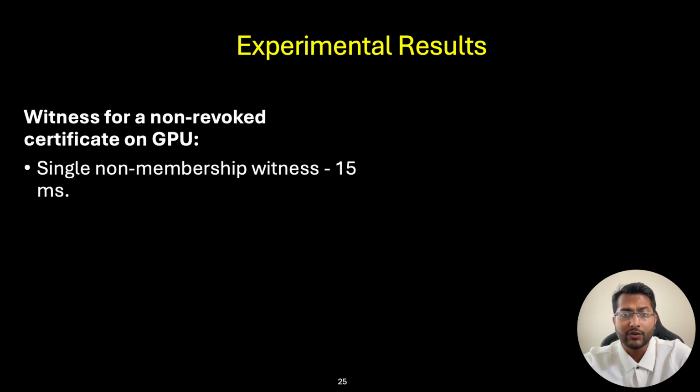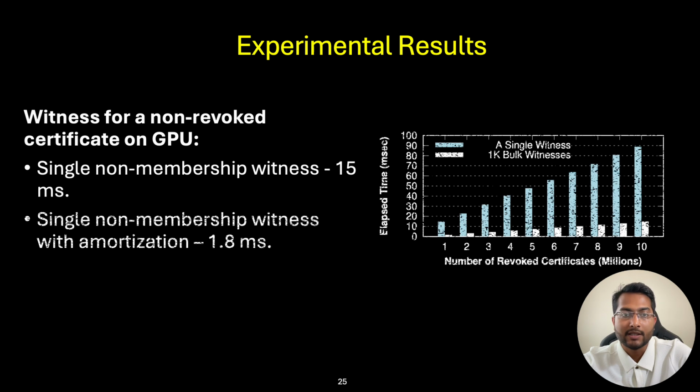So we tried to figure out why it is too much even if we are using the GPU. We figured out that most of the time was coming from copying, which means copying data from CPU memory to GPU memory and GPU memory to CPU memory. So we decided to do some sort of amortization, and we got almost an 8.9-fold speedup.